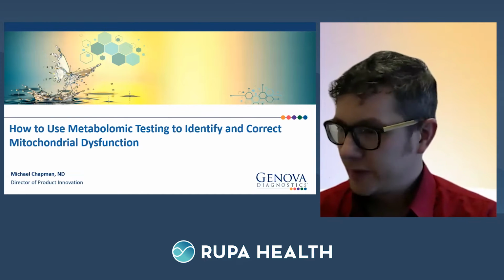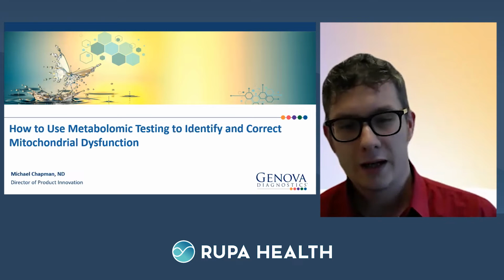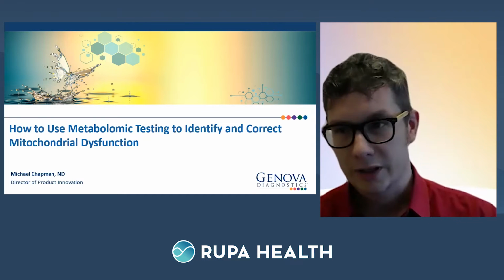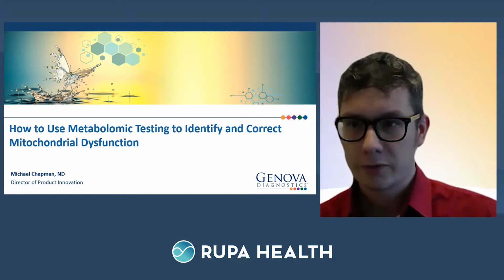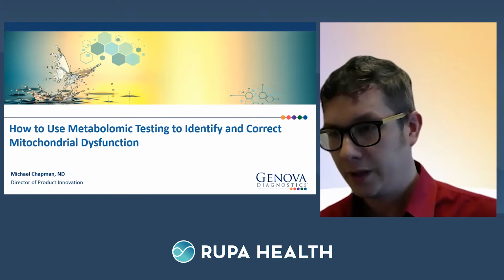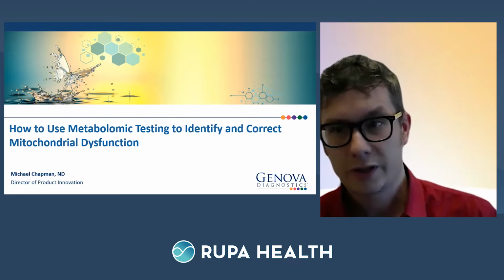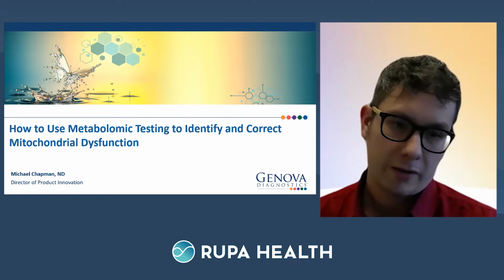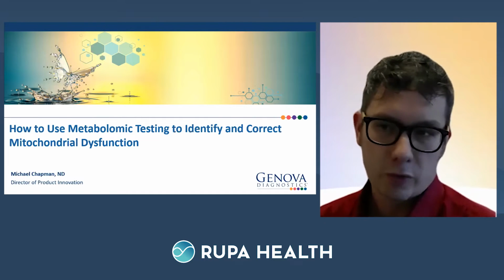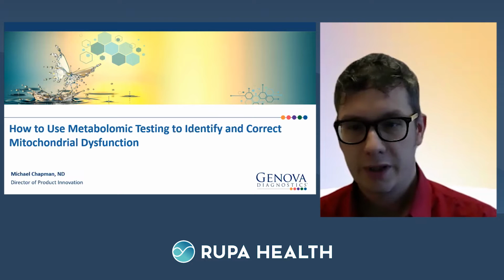I'm really thrilled to be able to present on this topic. It's something that I think is growing in interest more and more every single week, as we discuss overall chronic disease management, and getting to the root cause of chronic disease, which is really, I think, what most of us are here to do, here to learn about, and trying to utilize more in our practices to help people get better.